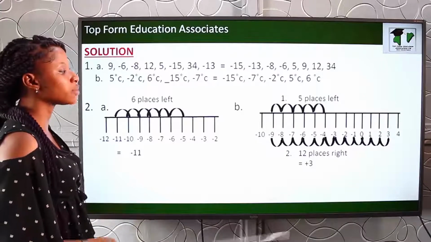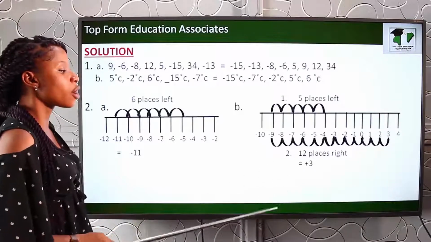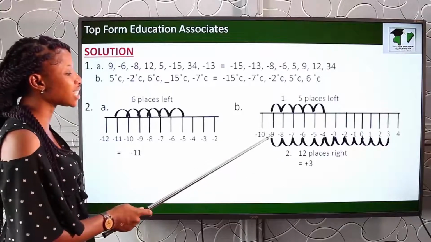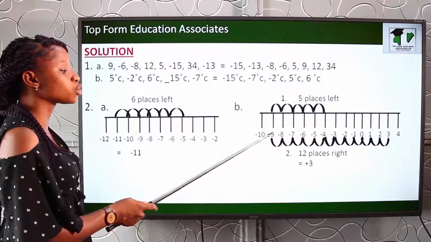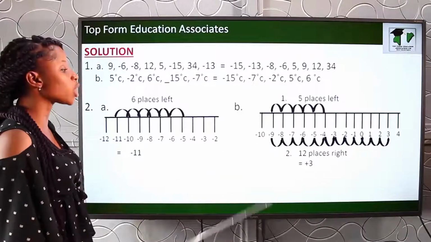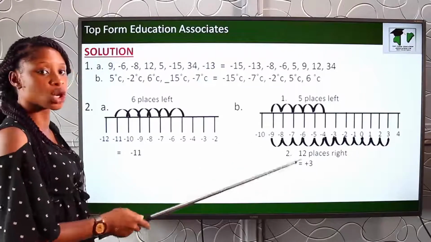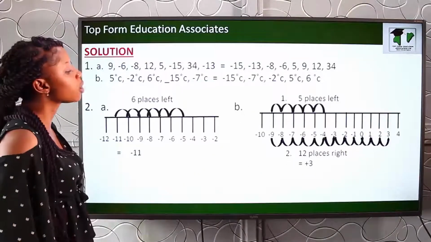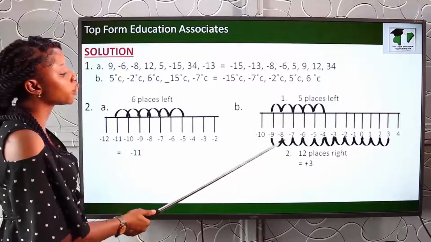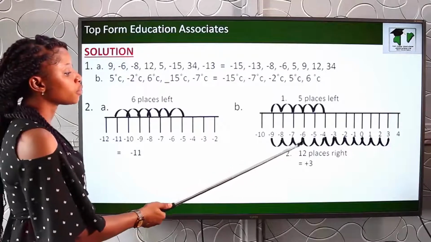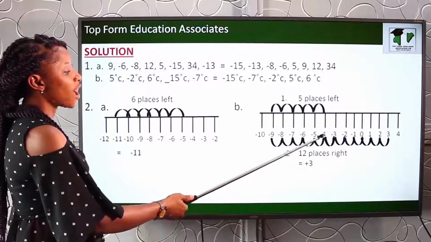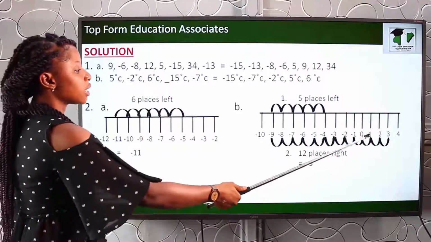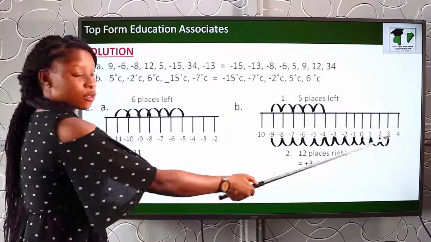Now remember, the question is minus 4 minus 5 plus 12. So when we get our answer as minus 9, we are going to add 12 to it. We move 12 places to the right, because when we are adding, we count to the right. Let's go from minus 9. 1, 2, 3, 4, 5, 6, 7, 8, 9, 10, 11, 12.